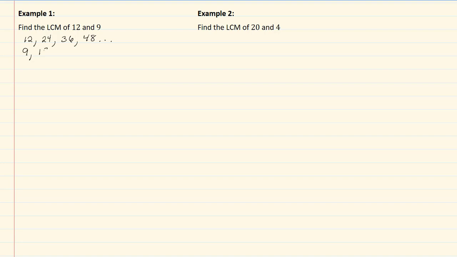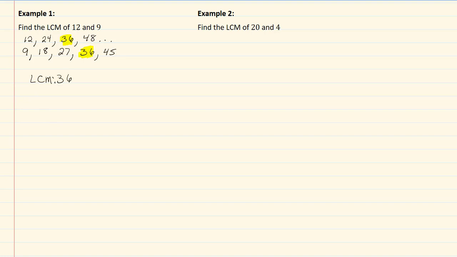The second would be 18. After 18, we get 27, and then 36, and then 45. So looking for the numbers that they have in common, the least common multiple is going to be 36. So the LCM is 36.